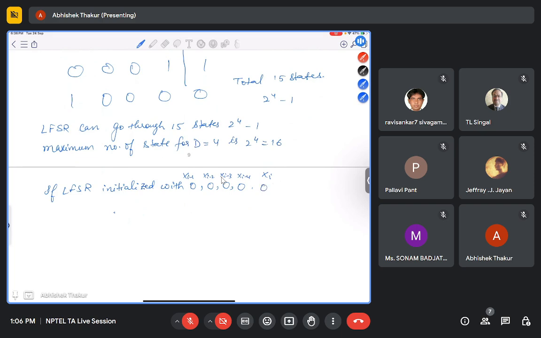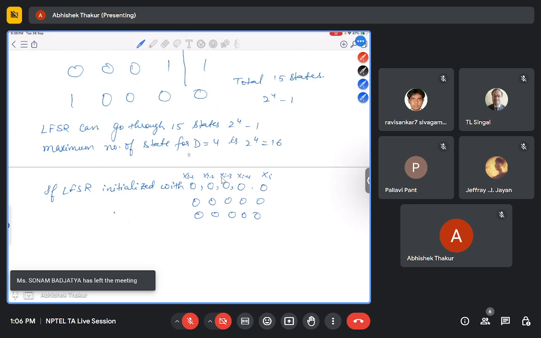In the next state it will again become 0 0 0 0, and it will repeat itself. So the LFSR never gets out of the all-zero state. That's why it is not initialized with all zeros.